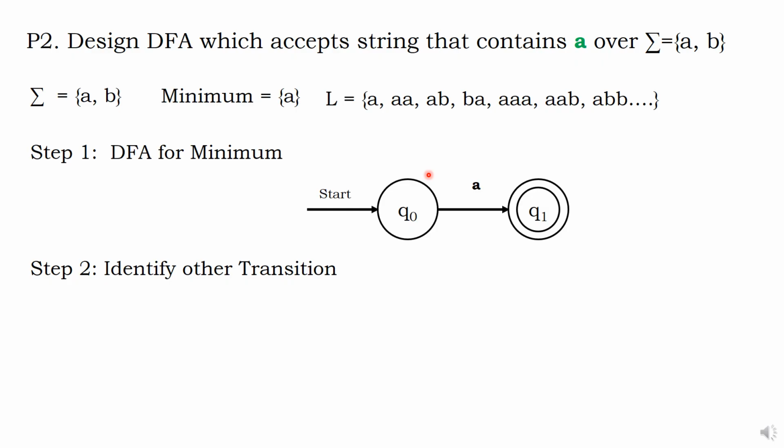So identify which is required. For Q0, B is required. For Q1, A is required, and B is also required. That is the whole idea. Your step 2 is over.